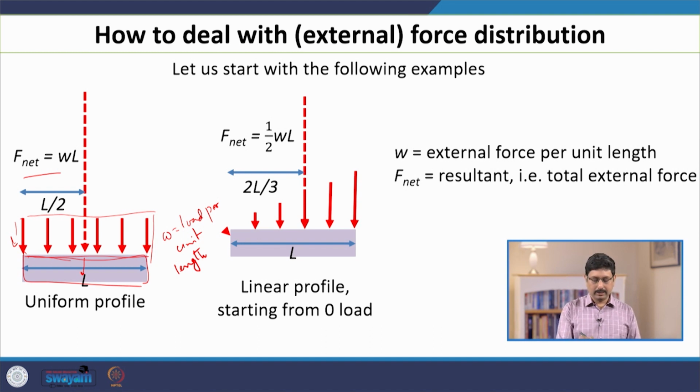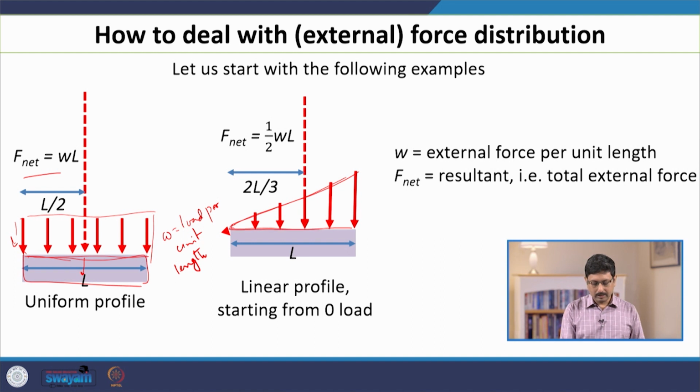Similarly, let us take the second example where you have a linear profile starting with a 0 load. Again we can determine the total force easily from geometry, using the same principle. Now the W's are different, but you can still see that the total force must be the area under this curve.